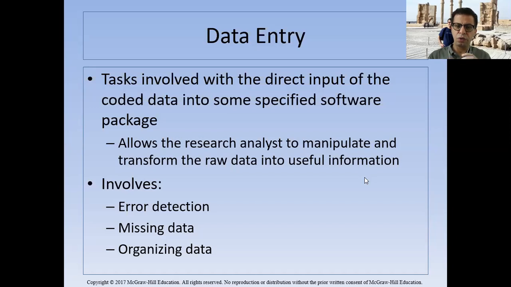You want to make sure there is error detection, if there is missing data, and that the data is organized properly, because you probably have 10 questions. So all the question number 5 answers, you separate them all, and you already put a code on them, and these codes would be put together to calculate the means, the values, or the mode of it.